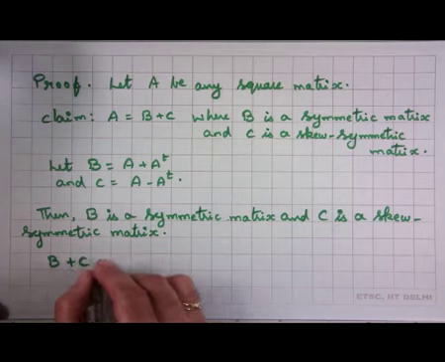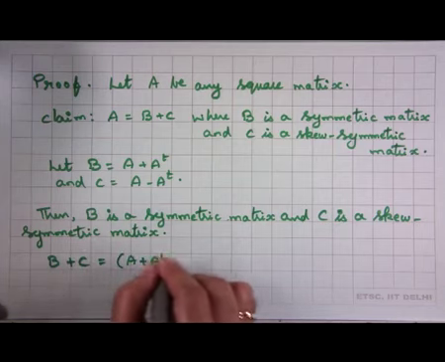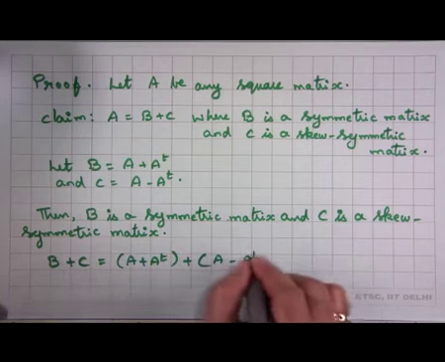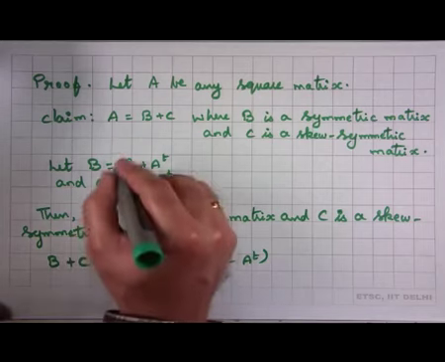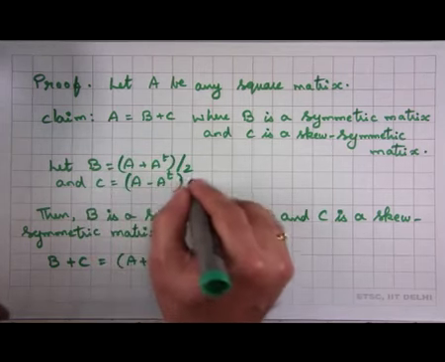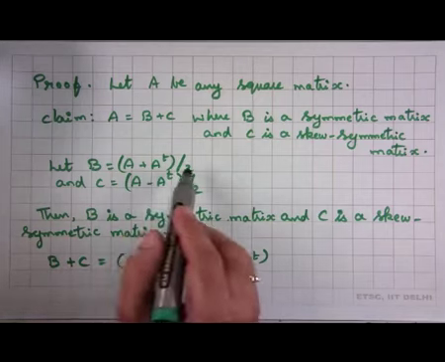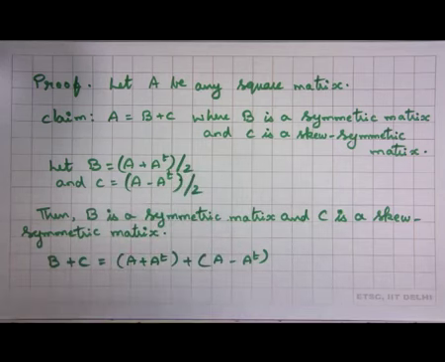B plus C equal to B is A plus A transpose plus C is A minus A transpose. Well, what I need is whole upon 2. That means, I am just multiplying this matrix A plus A transpose by 2 and similarly A minus A transpose this matrix by 2, right.